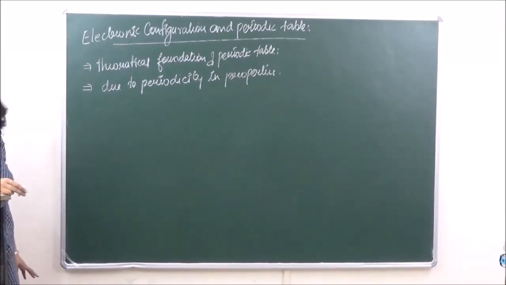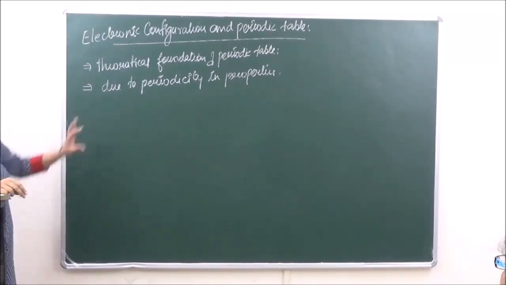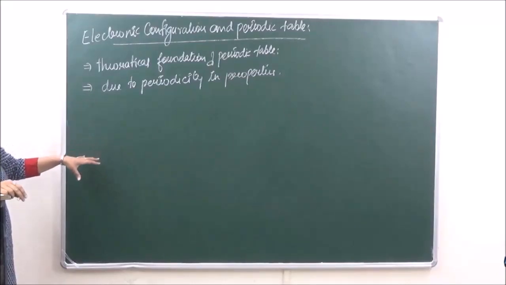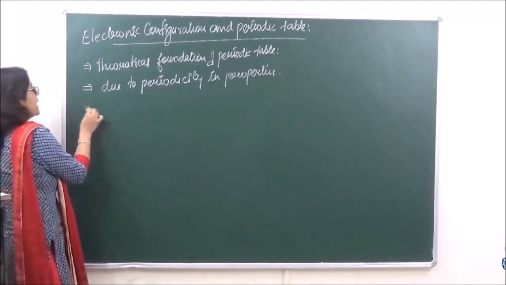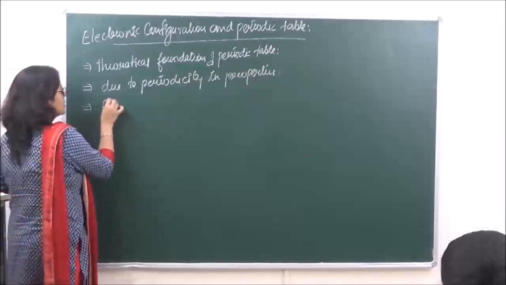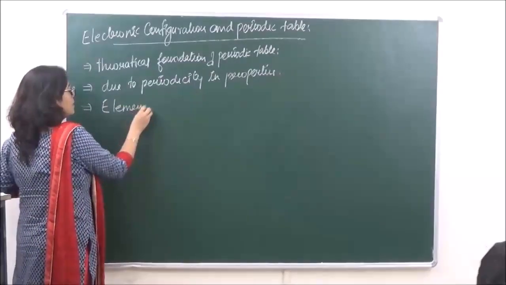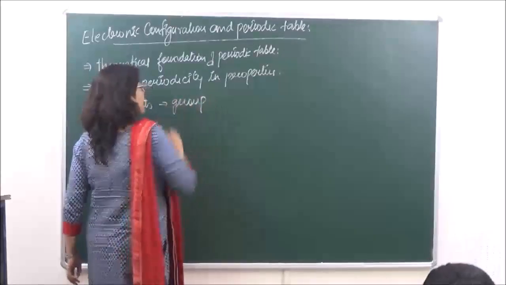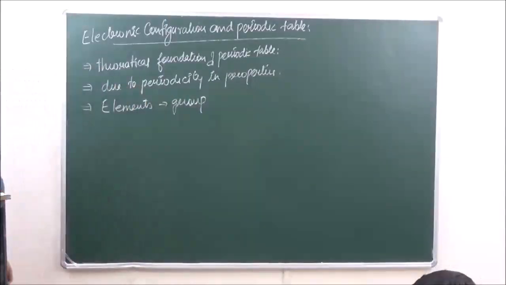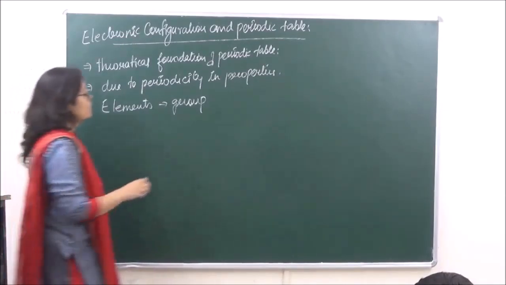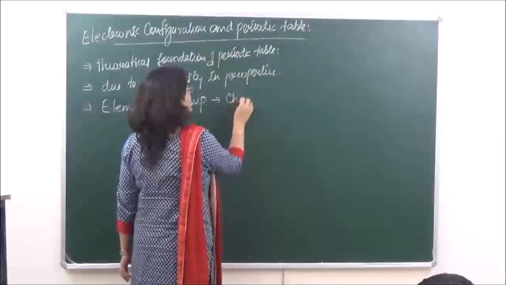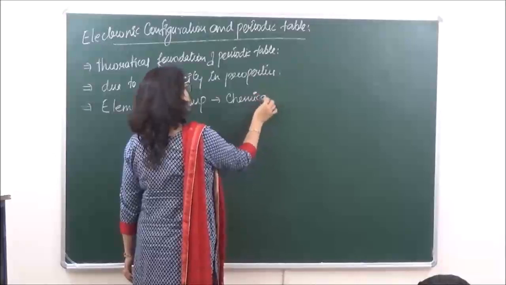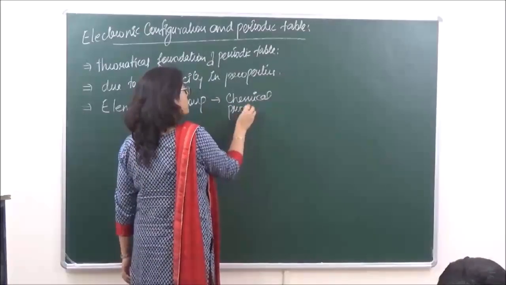Depending upon this, we have already done Mendeleev's periodic table, in which we classify the elements into groups and periods, right? So we say that an element which is present in a group has similar chemical properties. Why do they have similar chemical properties?